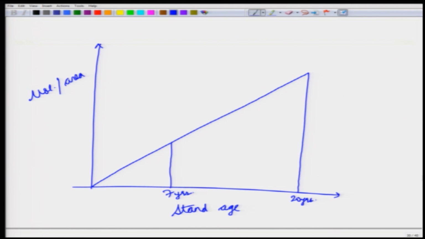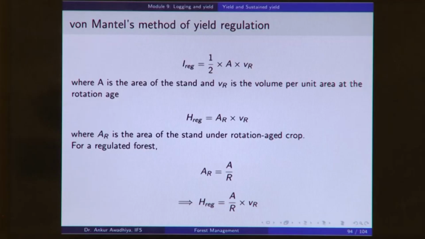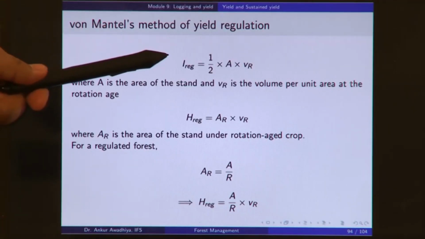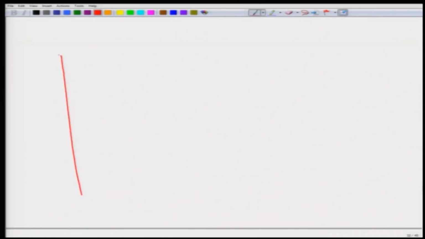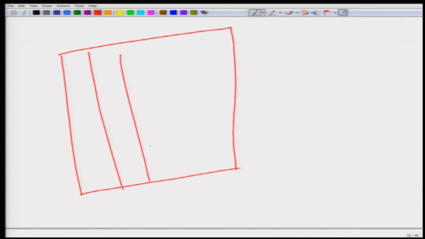Then it says what is the inventory of a regular forest. Now, this method is trying to build upon Andershagen's method. The forest is divided into a number of sections, and every year we will be working on one particular portion, which is the coop.